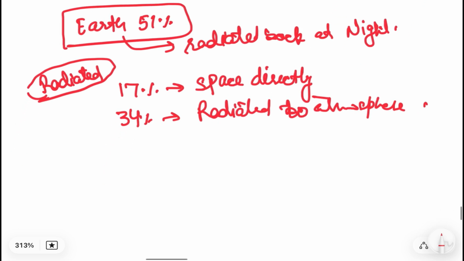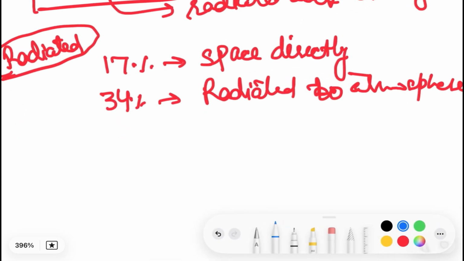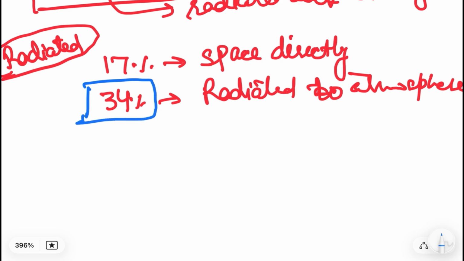So now how will these 34% be distributed?